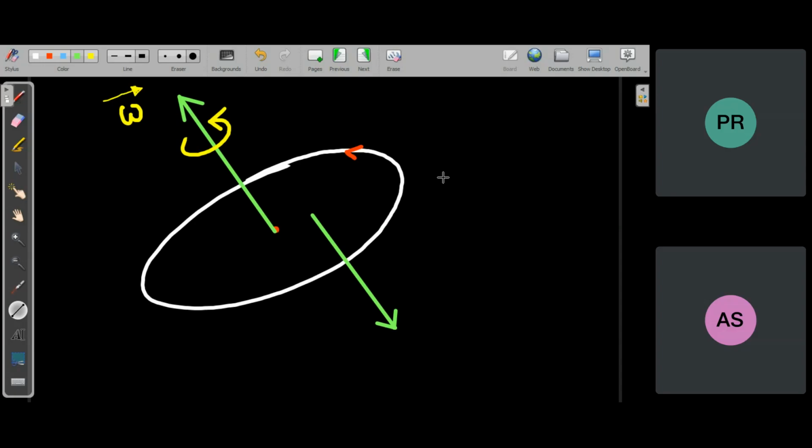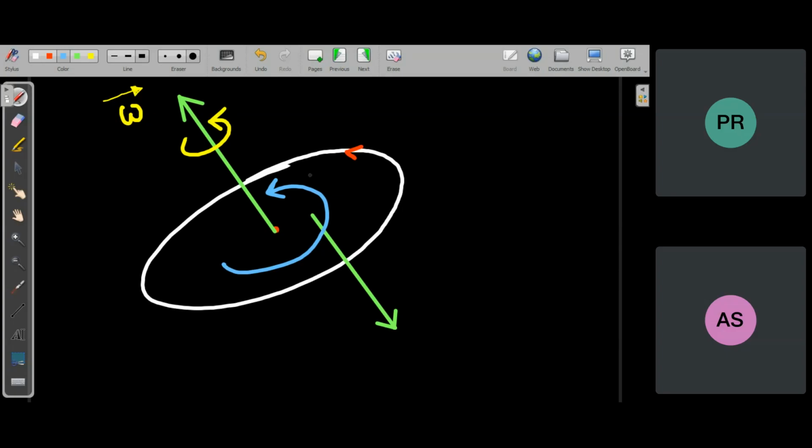Yes, as per rotation we can define. But you said the direction is obtained by the right hand thumb rule, no, sir. Right hand thumb rule, but then you will curl your right hand fingers in the direction of motion only, no? The right hand thumb rule simply says curl your finger in the direction of motion. So it is the same thing, no?